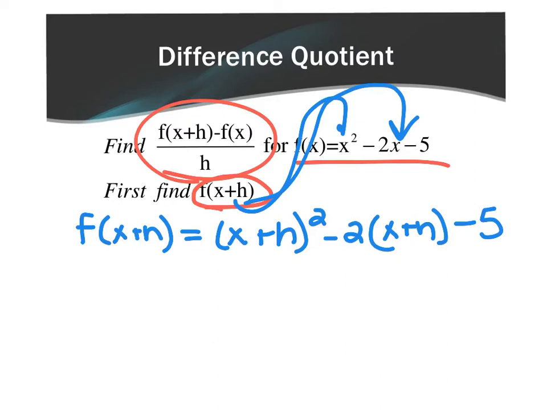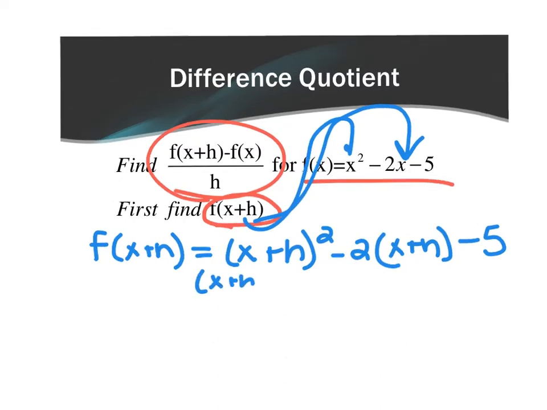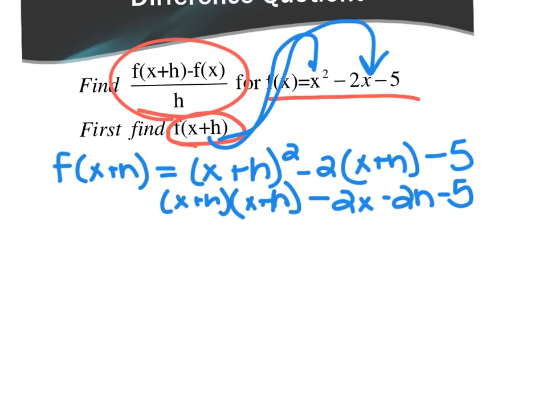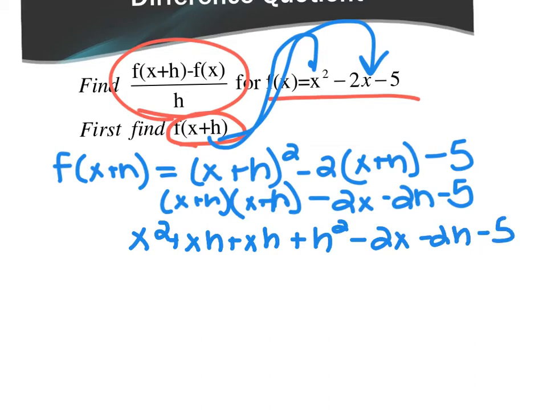Yeah? Okay. Now we're going to go through and expand and FOIL this out. Distribute the 2. Okay, we're going to FOIL this out. So I get x squared plus xh plus xh plus h squared minus 2x minus 2h minus 5.